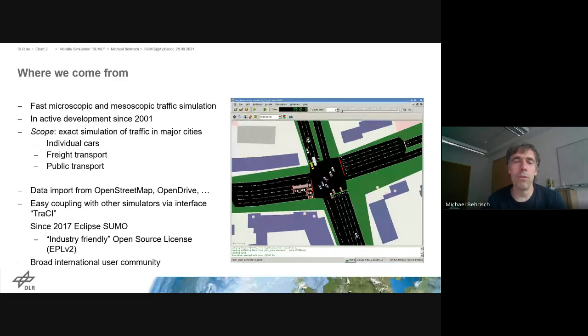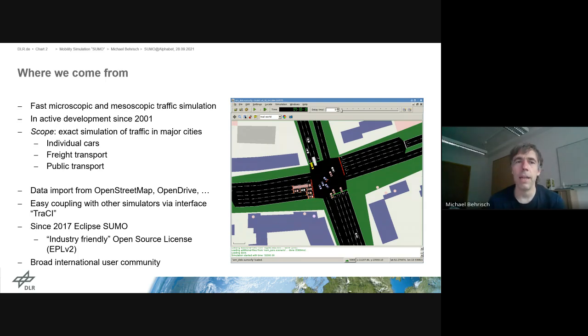So what was the idea when we started? We need traffic simulation because we are a traffic research institution here at the German Aerospace Center. The major question at the beginning was, whenever someone did traffic simulation, they developed their own model, because it is not too hard to do.